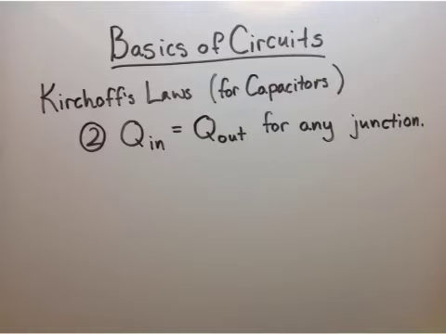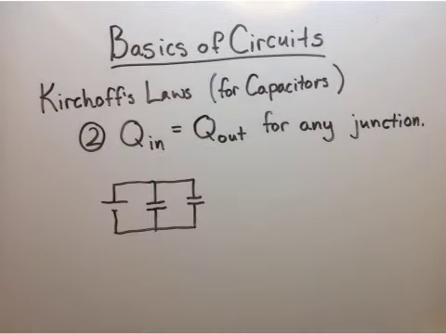That brings us now to Kirchhoff's second law, which is charge in equals charge out for any junction. So what this is referring to is, well, it says for the junction, right? So at that junction, and also at that junction, there's a certain amount of charge coming into it from the battery.